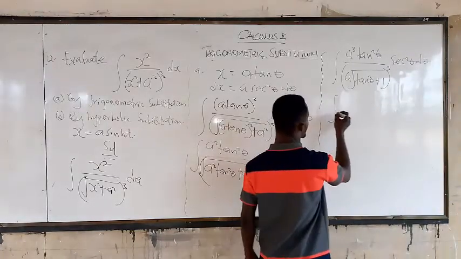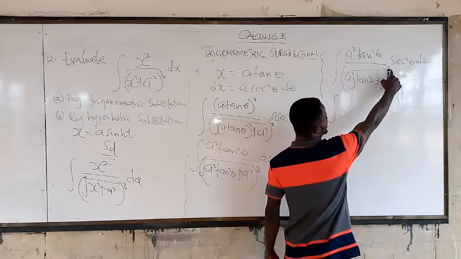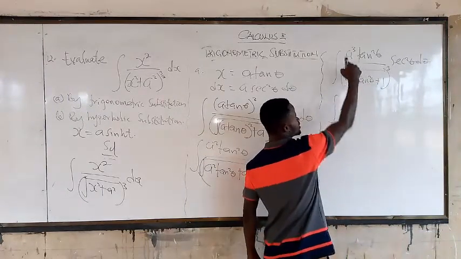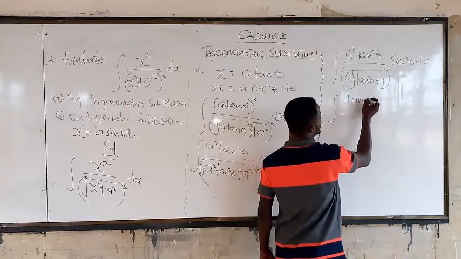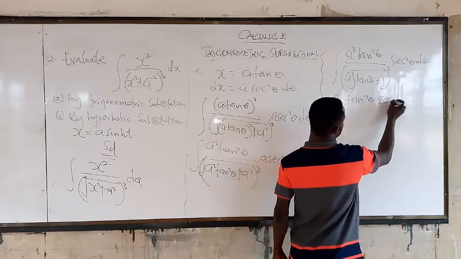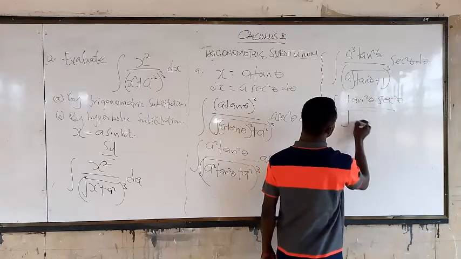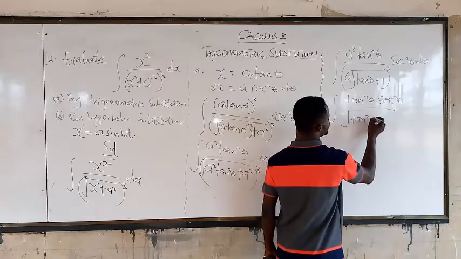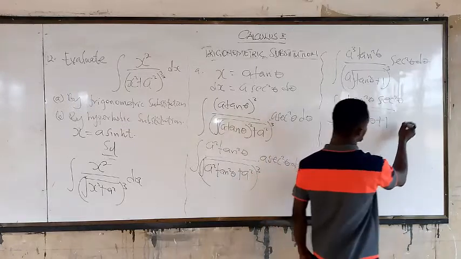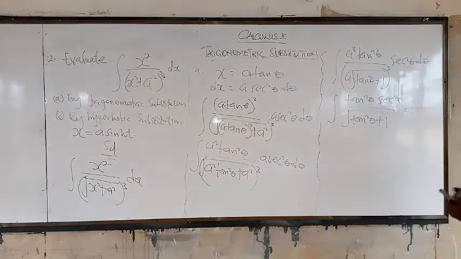Now we can see that the power 3 here will affect this and cancel this. So we are going to get tan squared theta sec squared theta over the square root of tan squared theta plus 1, d theta.